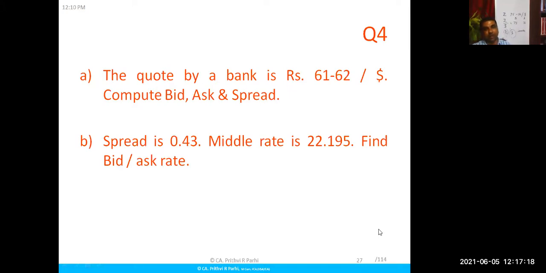When I say spread is 0.43, that means A minus B is 0.43, and middle rate is 22.195. That means (A plus B) by 2 is 22.195. So you can now solve this equation: (A plus B) by 2 is equal to 22.195 and A minus B is equal to 0.43. You need to find out what is A, what is B. That's it.